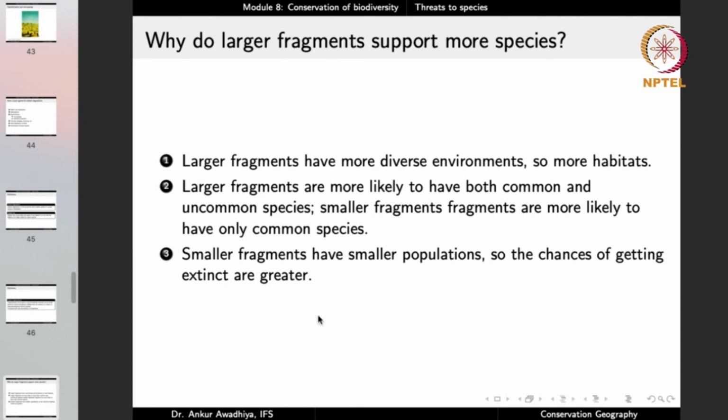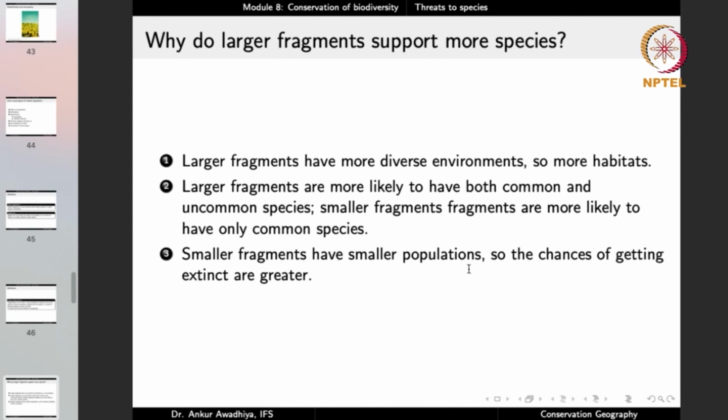Now larger fragments support more species because of three reasons. One, they have more diverse environments, more habitats, so more species. They are more likely to have both common and uncommon species, whereas smaller fragments are more likely to have only the common species. Now uncommon species are typically those that have larger home ranges.